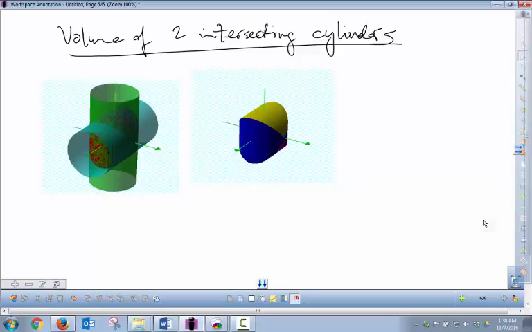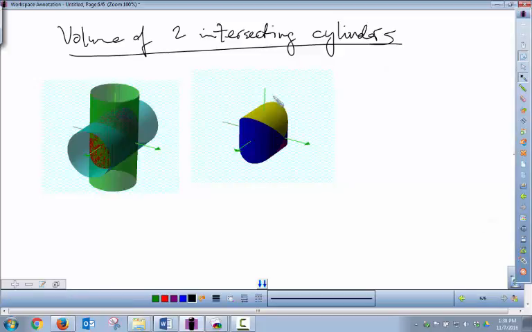So the key idea is that we're going to want to look at the top part of this. First of all, if we cut it in half, then we could just double our volume.